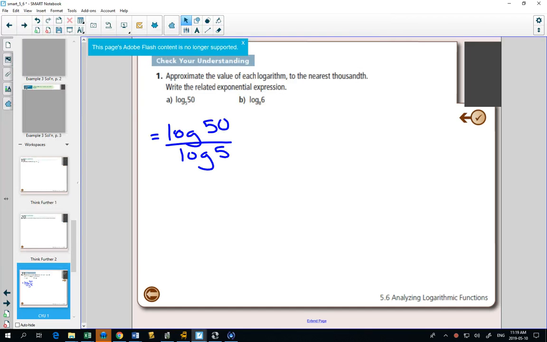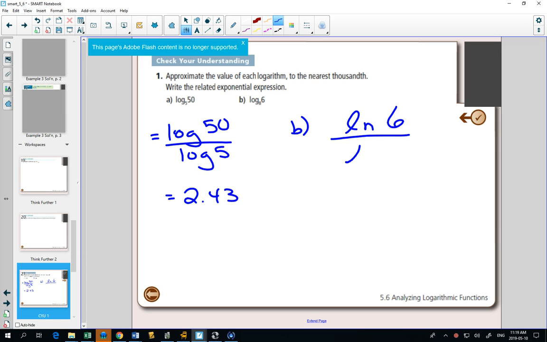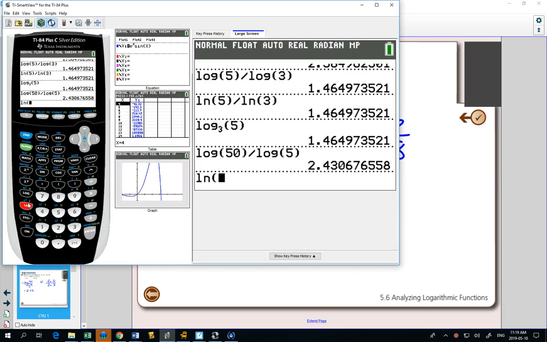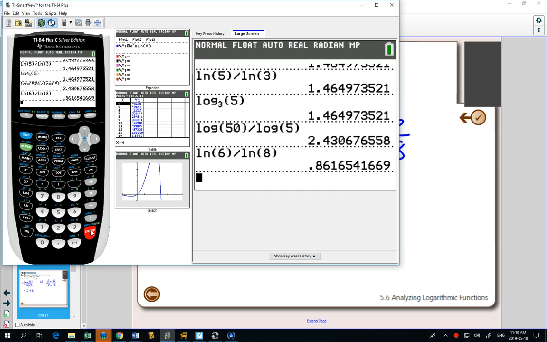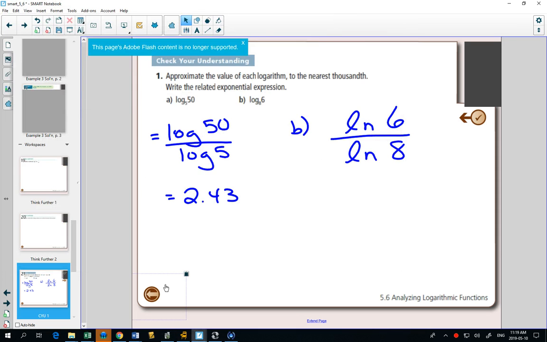Sure enough, 2.43. And just to mix things up for B, I'm going to write it as natural log of 6 divided by natural log of 8. My estimate was that it should be between 0 and 1. 0.86.